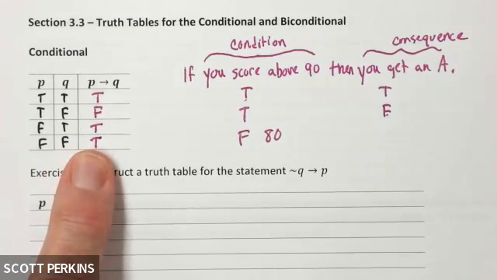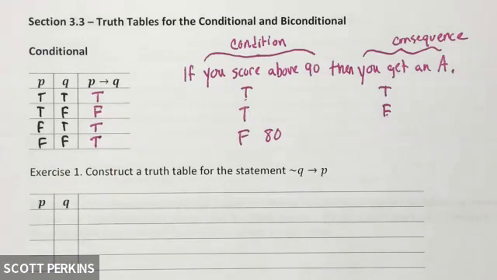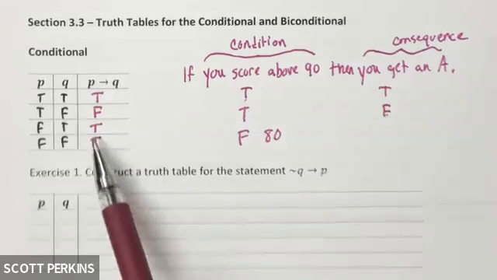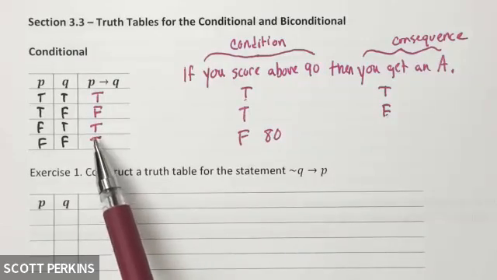It's true because since the statement doesn't apply, it has done what it's supposed to do. So since you didn't meet the condition, it doesn't matter if you got an A on your test or a B on your test, this statement does not determine that. And so because it doesn't tell you anything, it's done what it's supposed to do, it's true.